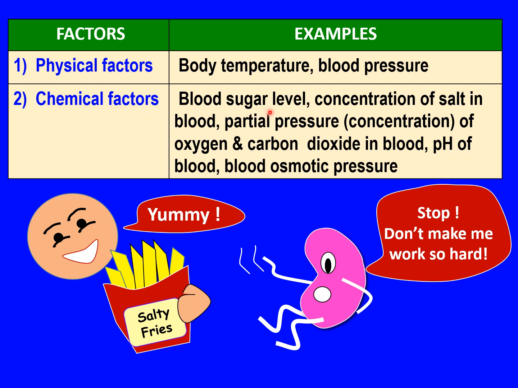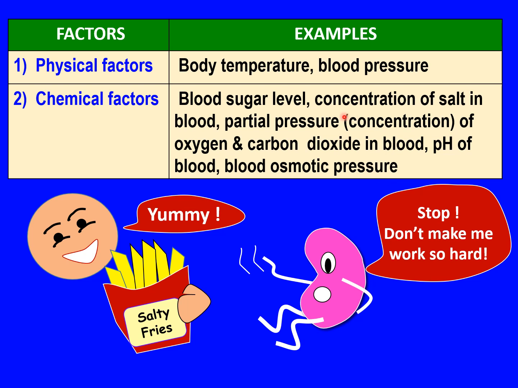So examples are blood sugar level, concentration of salt in the blood, partial pressure or concentration of oxygen and carbon dioxide in the blood, pH of blood, and blood osmotic pressure, which depends on the water and salt concentration in the internal environment, in the interstitial fluid and blood.